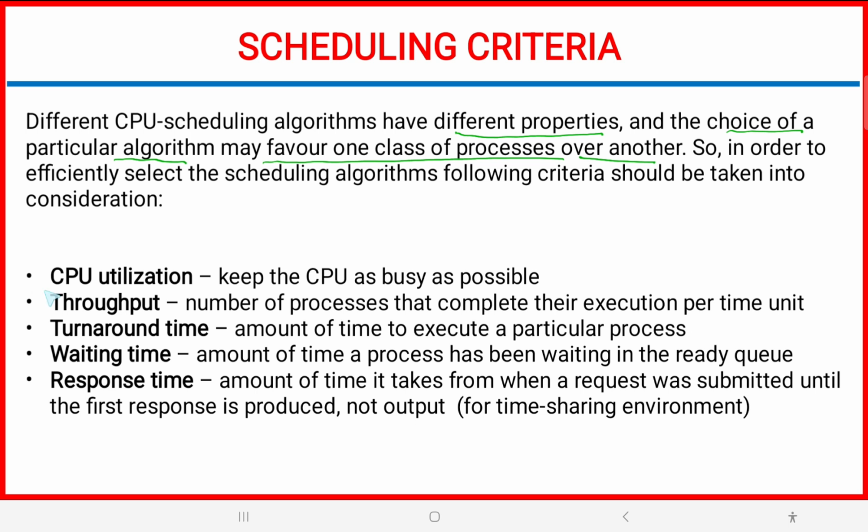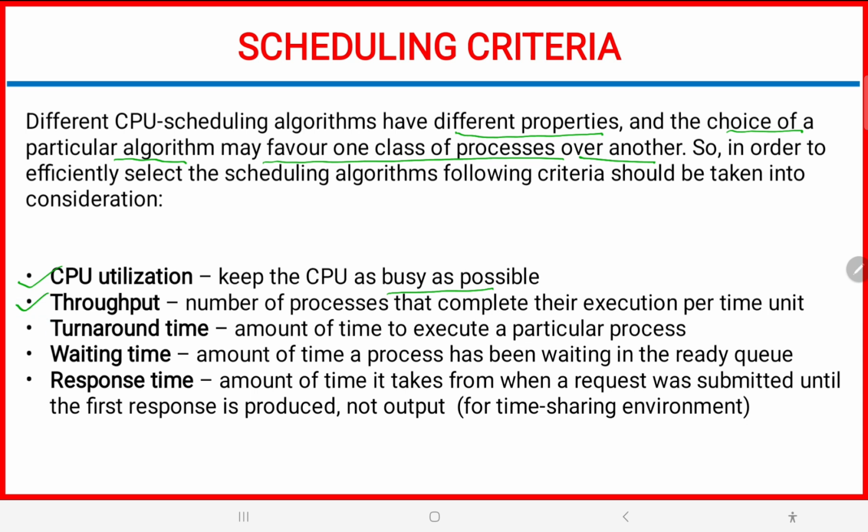Those criteria include, the very first thing, CPU utilization. As far as CPU utilization is concerned, the sole aim here is to keep the CPU busy for the maximum period of time so that we can get maximum efficiency out of the system. So we want to keep the CPU busy as much as possible.